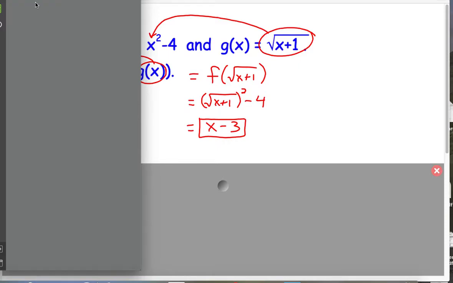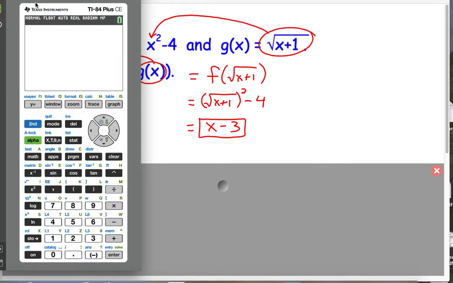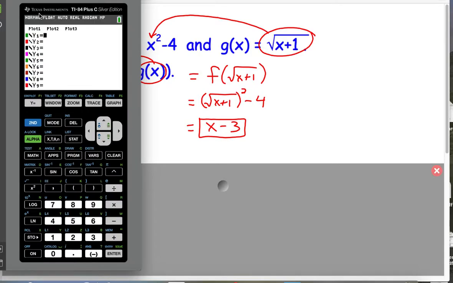So let's trick it into getting to work. There we go. All right, so I'm going to go into y equals, and in y1 I'm going to put x squared minus 4. And then in y2 I'm going to put the square root of x plus 1.